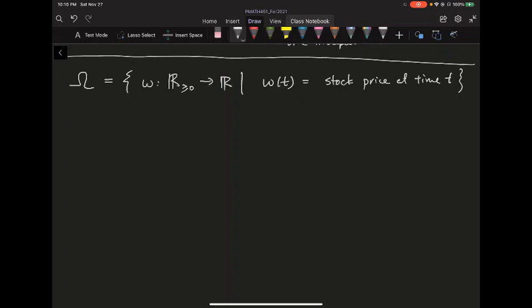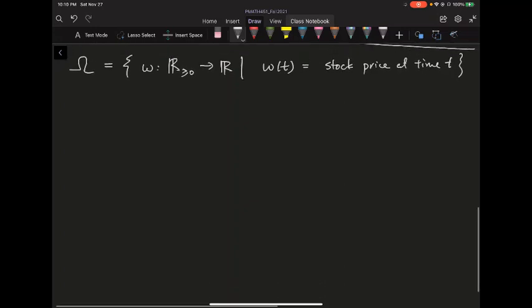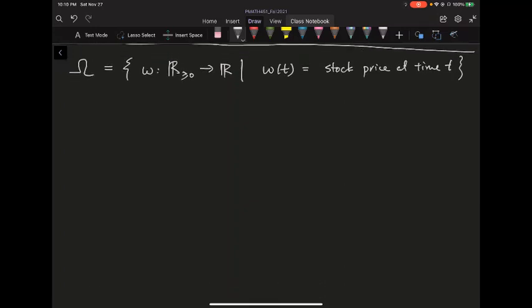Okay, so you want to put some measure on this space. One way to look at this is that for each time point, you put in a real value on that time point. So you can look at it as the product space of the reals, where t is inside R greater than or equal to 0.